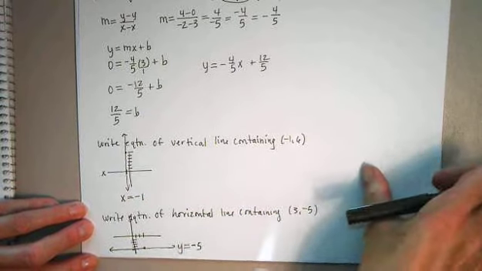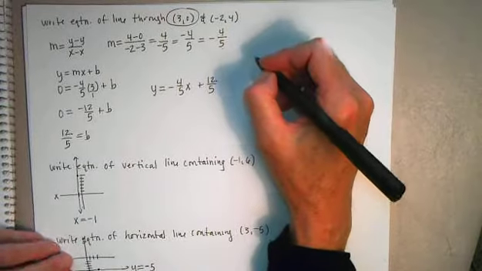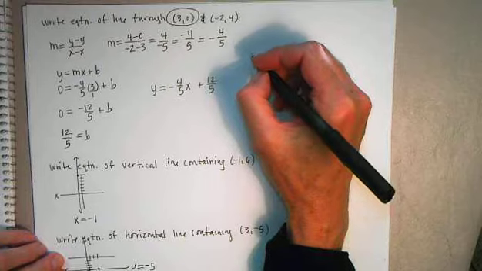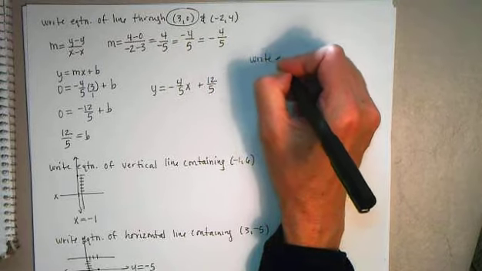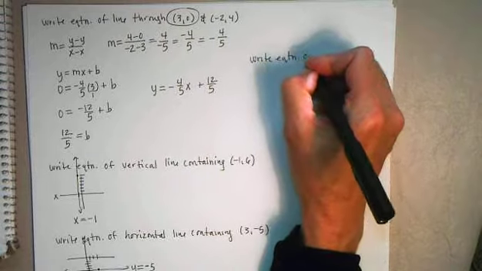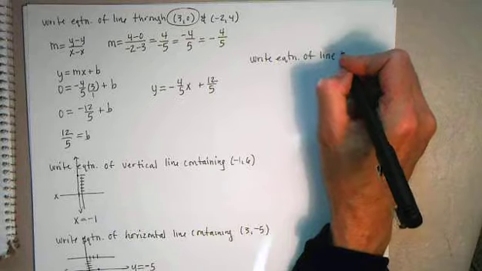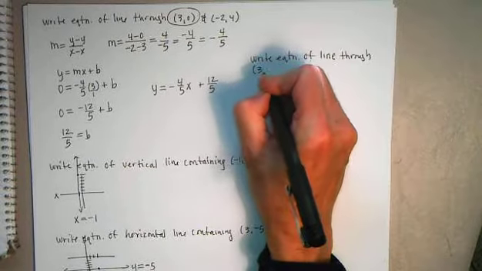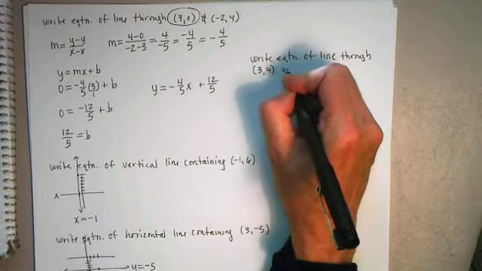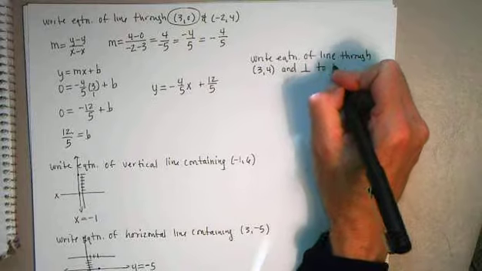Alright, now this one is probably the most likely test question that you'll see. And it says, write the equation of the line through, so it tells us a point that it goes through, 3, 4, and then instead of giving us the slope, it says it's perpendicular to this line.